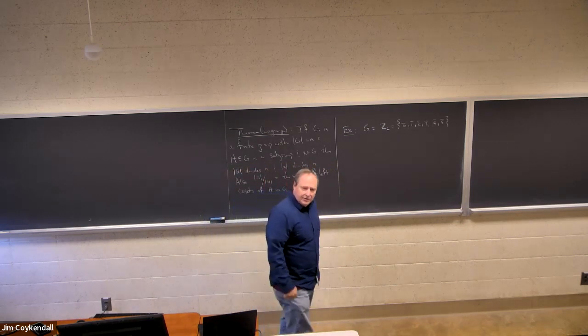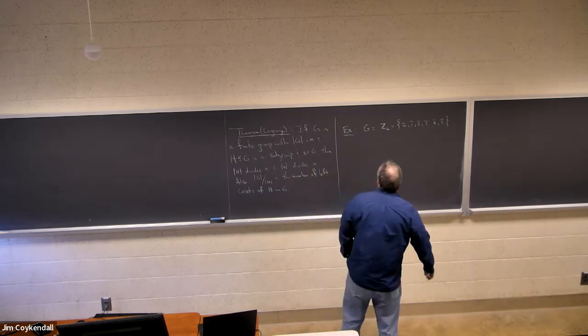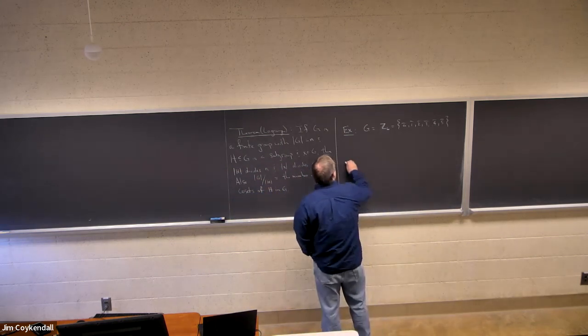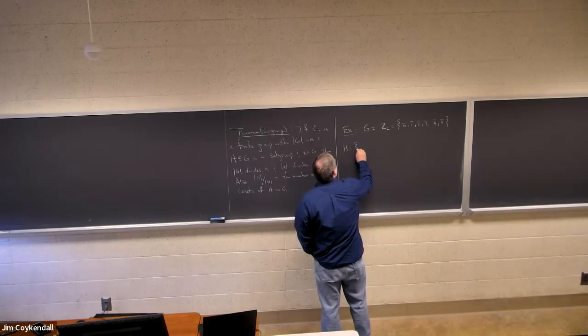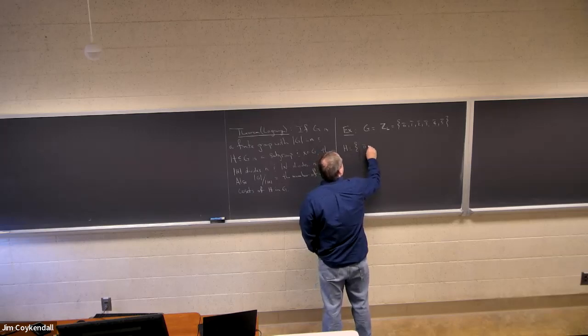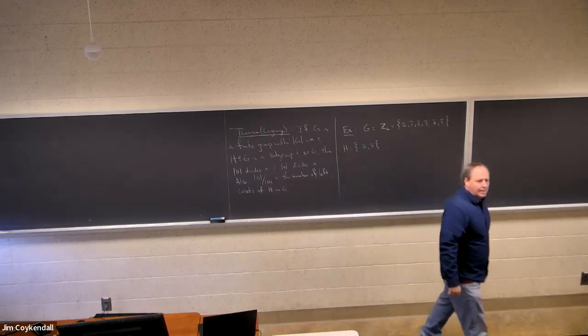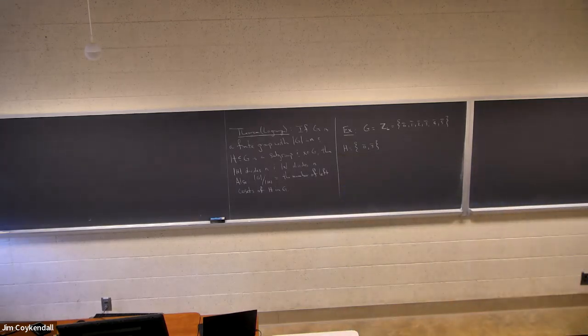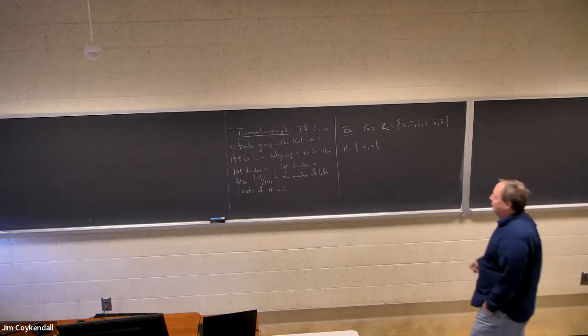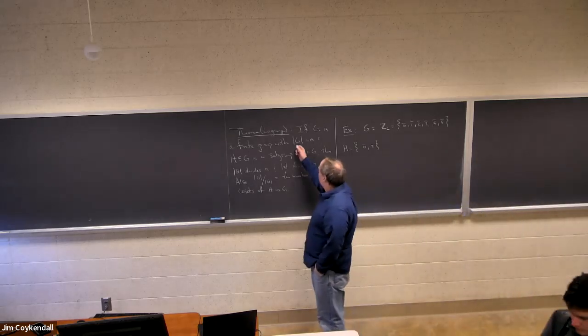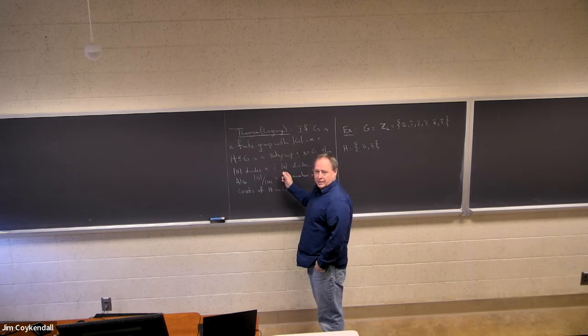Let's look at an example of cosets in Z6. Let's let H be the subgroup generated by 3 bar. What I want to do is look at the left cosets of this particular H. Notice this subgroup H has 2 elements, and the whole group has 6 elements. So I've already got part of Lagrange's theorem: the order of the subgroup divides the order of the group.